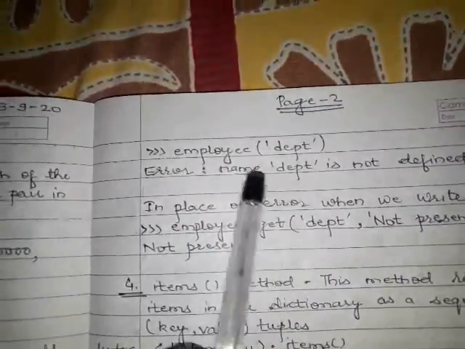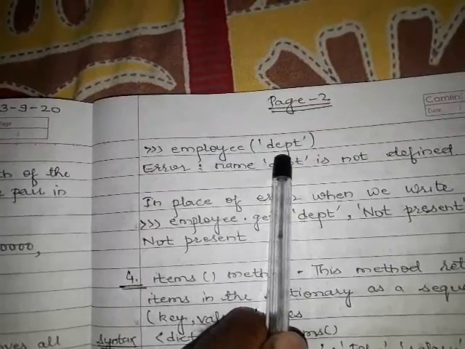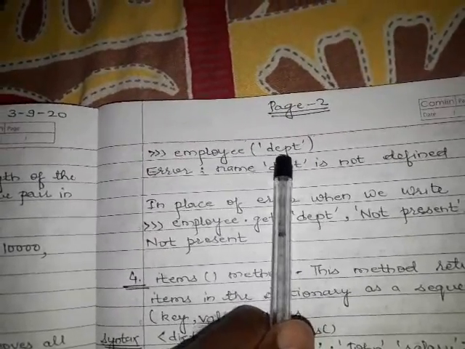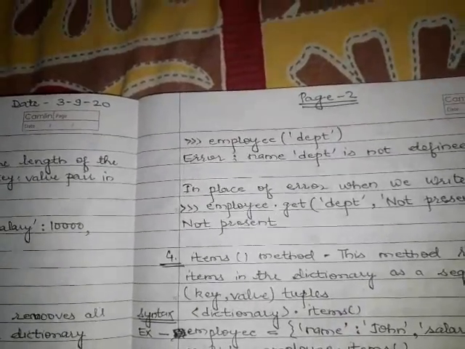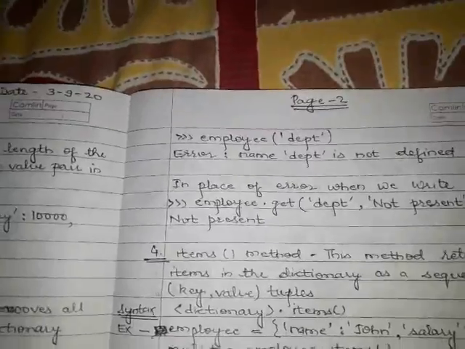In this case there is no error, but when error occurs, in our next example, see employee department. So department is a key which is not present.